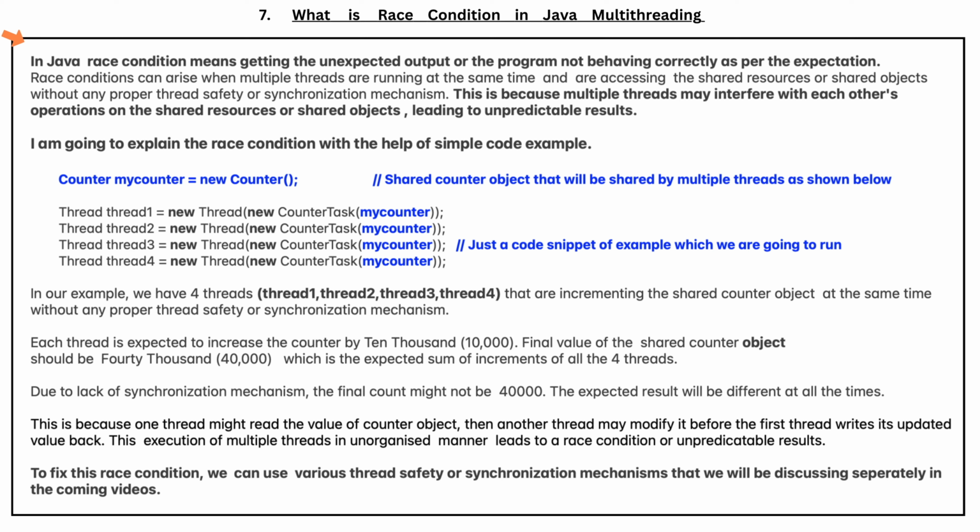Race conditions can arise when multiple threads are running at the same time and are accessing the shared resources or shared objects without any proper thread safety or synchronization mechanism. This is because multiple threads may interfere with each other's operations on the shared resources or shared objects, leading to the unpredictable results.